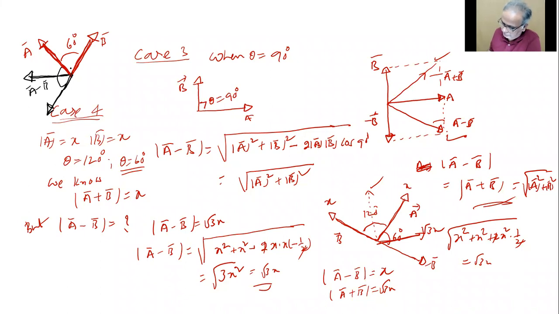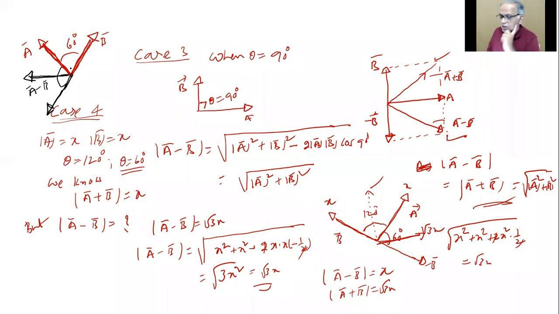Sir, once can you show the diagram for case 3, sir? Since it is root over a square plus b square, and for addition also the same. If you're using the algebra formula, for A minus B you get a minus 2ab cos theta, and for A plus B you get a plus 2ab cos theta.